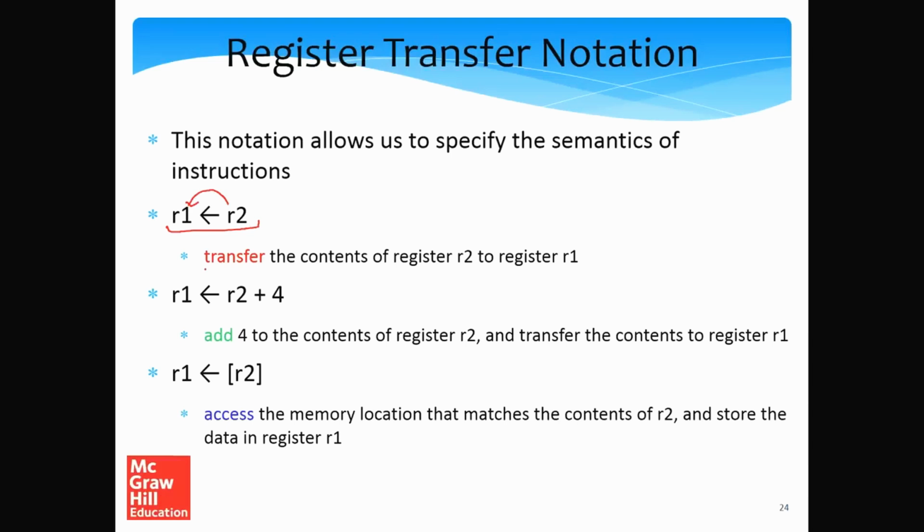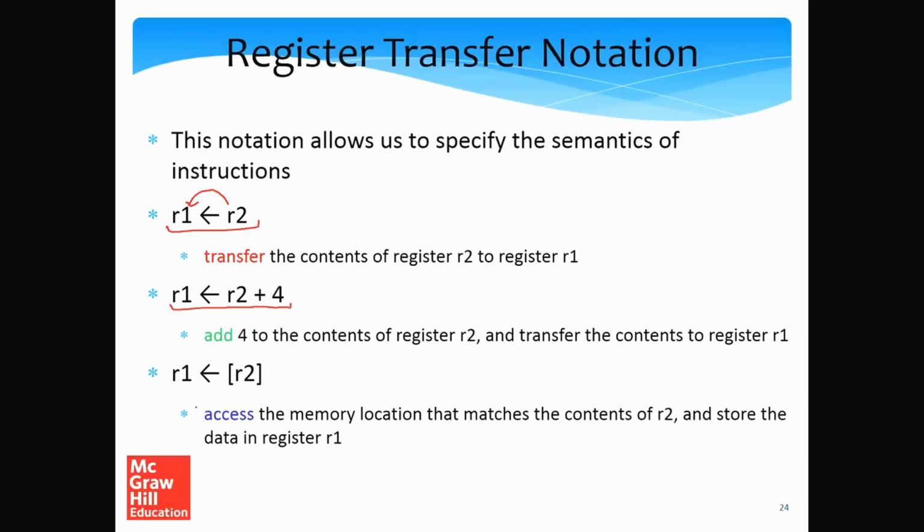So this says to transfer the contents of register R2 to register R1. We can have a slightly more complicated representation as well. This representation says to add 4 to the contents of register R2, essentially add an immediate to the contents of register R2, and then transfer the result to register R1.